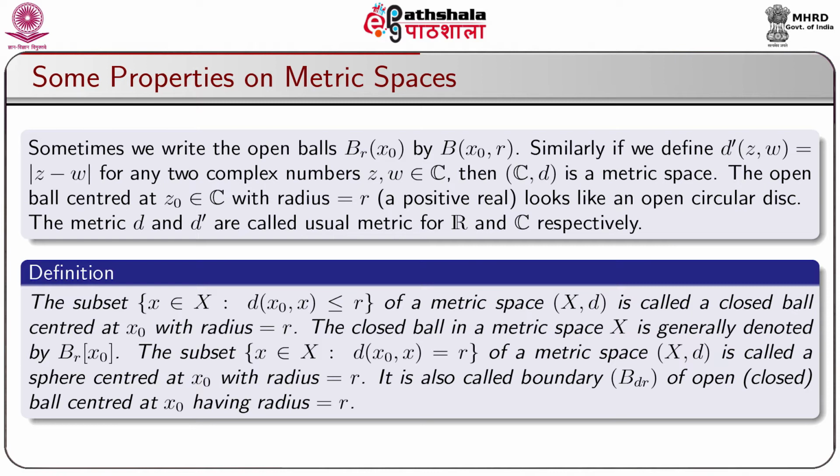The subset of all x belonging to X such that d(x0, x) is equal to r, of a metric space (X, d), is called a sphere centered at x0 with radius r. It is also called the boundary, written as the boundary of the open or closed ball centered at x0 having radius r.